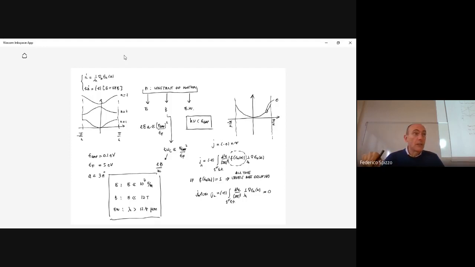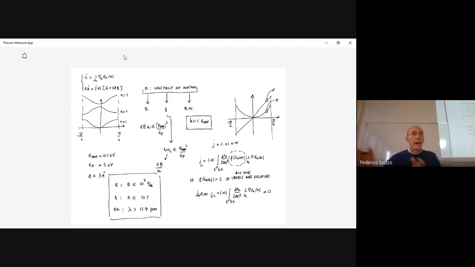The velocity in this case is the derivative of the energy. So the energy is proportional to k squared, the velocity is proportional to k. So if you plot in the same diagram the velocity, the velocity is just a line. So the velocity dependence on the wave vector is a line.